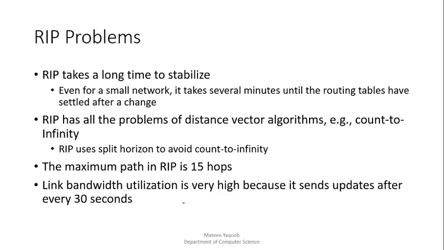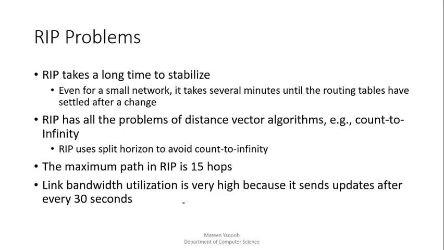It will be sending the triggered updates, and all the routers will compute their routing tables and then send the updates to the other neighbors as well. We have seen this in the Bellman-Ford algorithm. It also has the same problem, and RIP also has all the problems of a distance vector algorithm. For example, you have the count to infinity problem, and RIP uses split horizon to avoid the count to infinity problem, but it still exists.